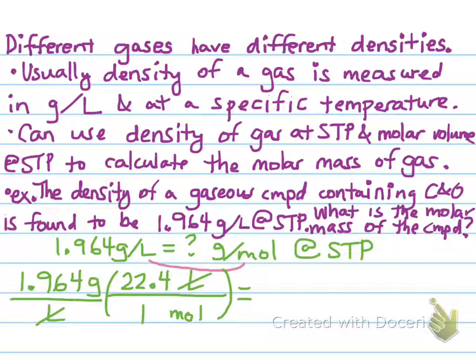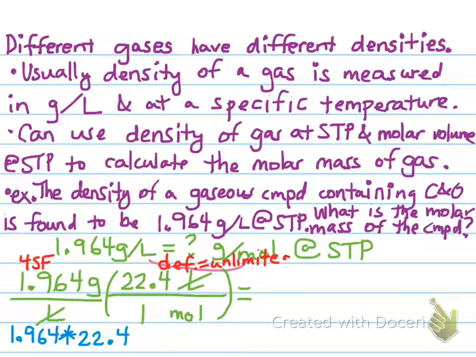So, again, on my calculator, I'm going to do 1.964 times 22.4. Now, again, I need to pay attention to significant figures. This has 4 sig figs. This is a definition, so it has unlimited sig figs. So my answer should have 4 significant figures.